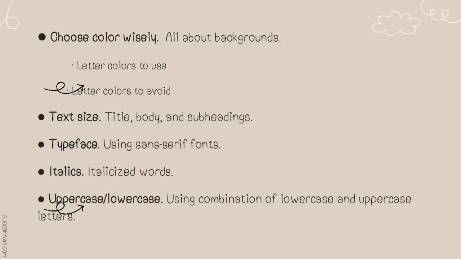So text size: title, body, and subheadings. Text size has ranges: the titles 28 to 48 points, the body 24 to 32 points, and the subheadings 20 points or higher.